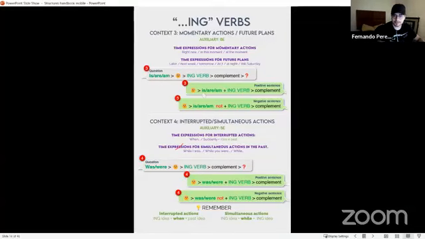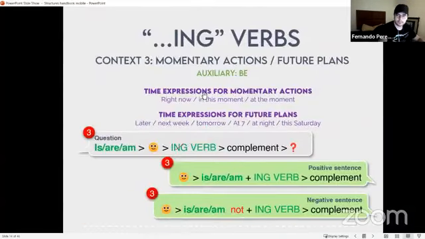Ing verbs. Momentary actions using ing. Right? Do you agree?